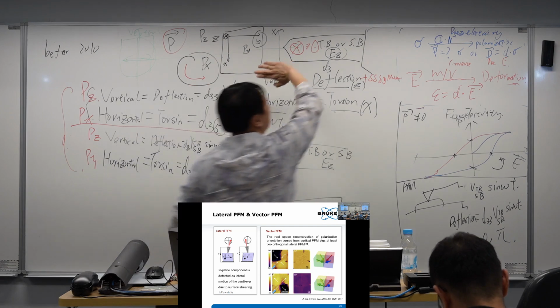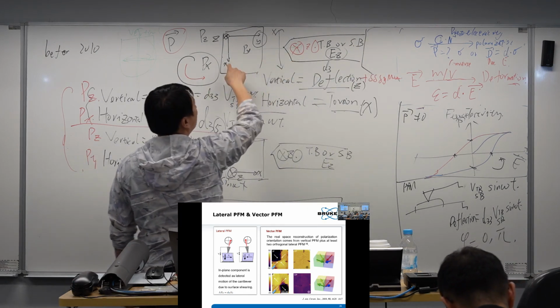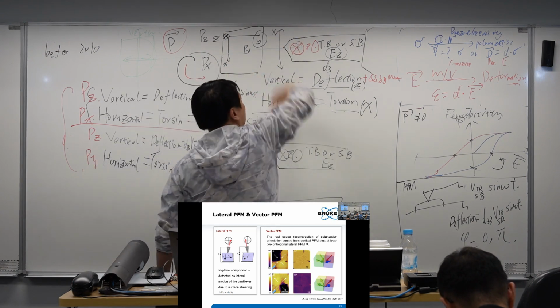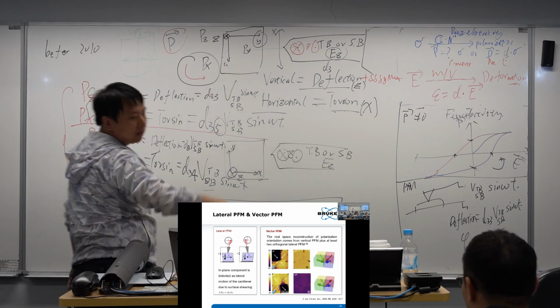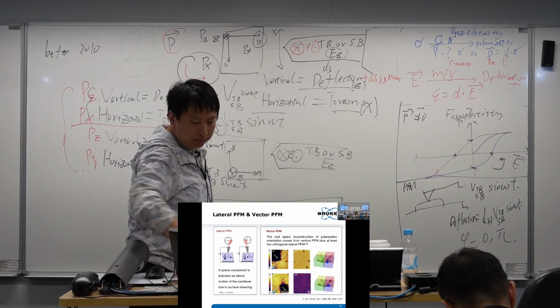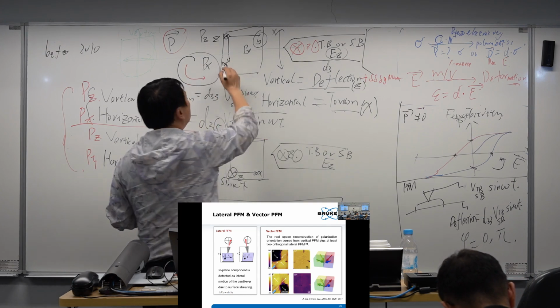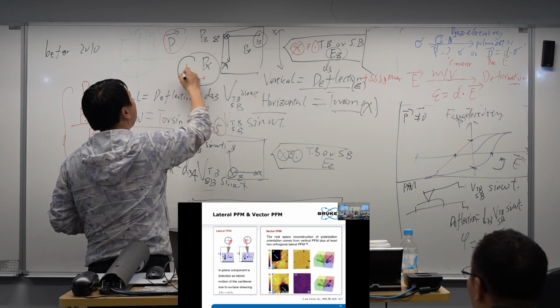You scan in this way, the horizontal represents the X. You scan in this way, the horizontal still represents X. It does not change. So if you need to get this done, rotate the sample.